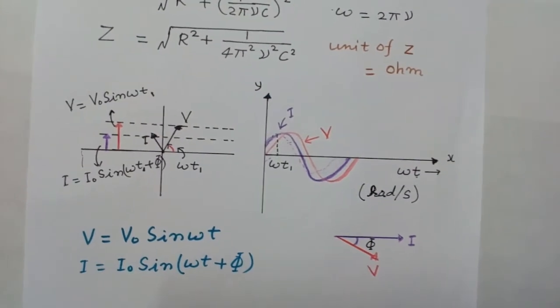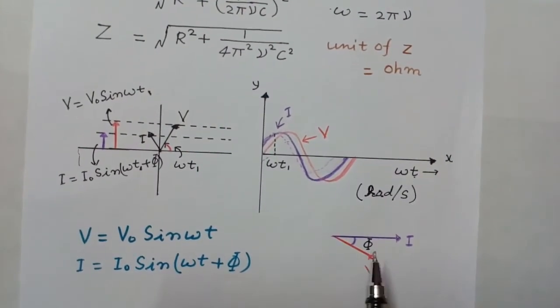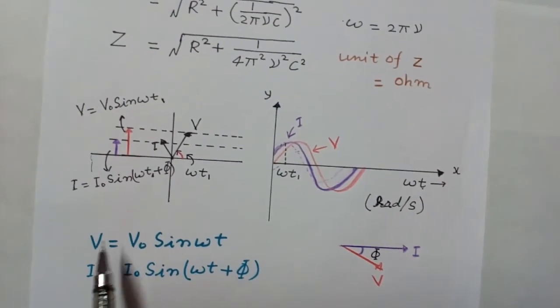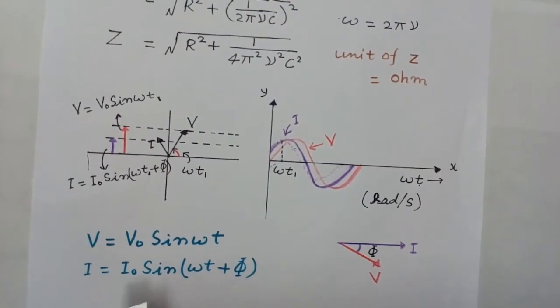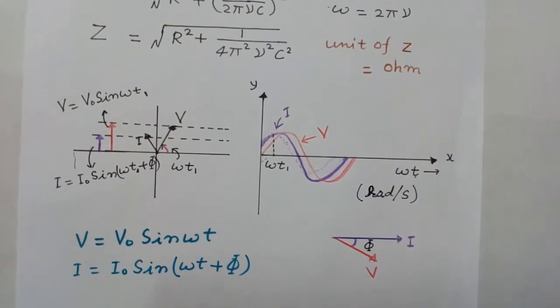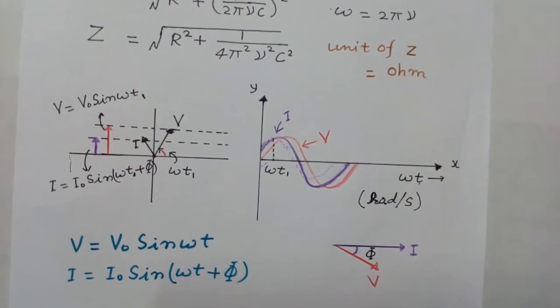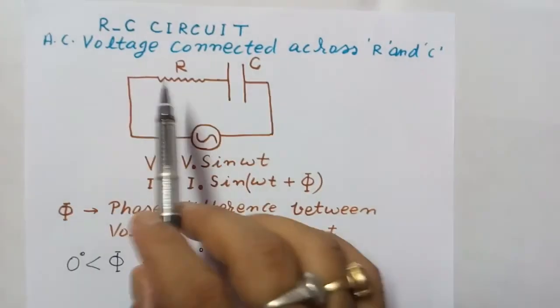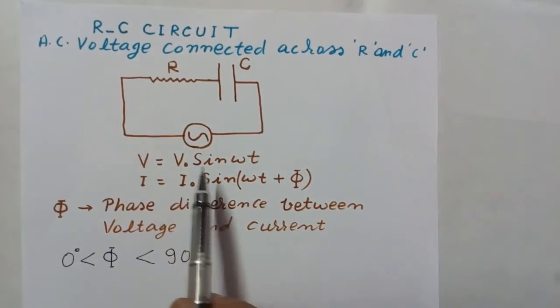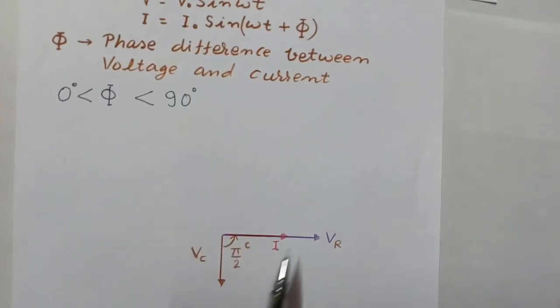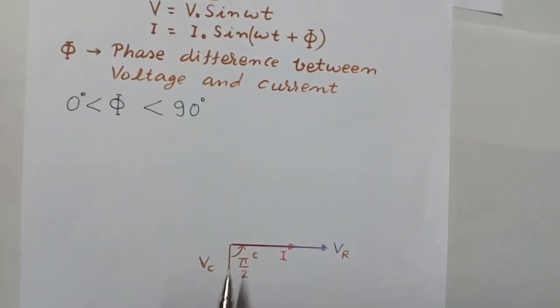So this phi is less than pi by 2 radian. So V is equal to V naught sin omega t and I is equal to I naught sin omega t plus phi in case of RC circuit. This is RC circuit. These are equations for voltage and current at any instant, and this is phasor diagram.